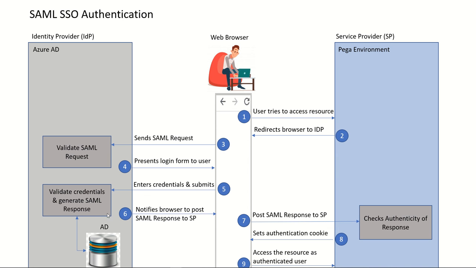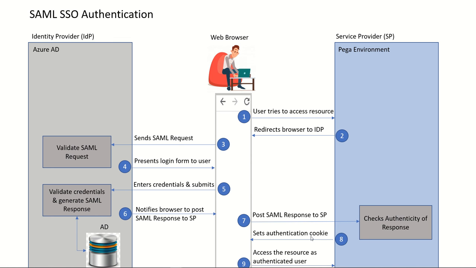On the payload, what we have seen is a SAML response, or SAML token we call it, and that SAML response ultimately reached back to the Pega environment, and then the authenticity is checked, right? And then finally the user is able to access the resource. He finally landed onto the onboarding portal, right? So we completed the use case, right?